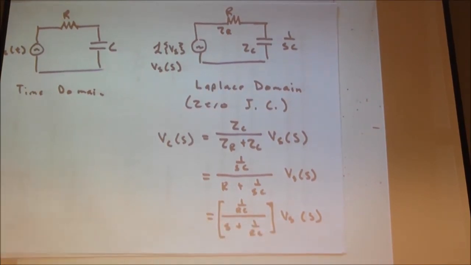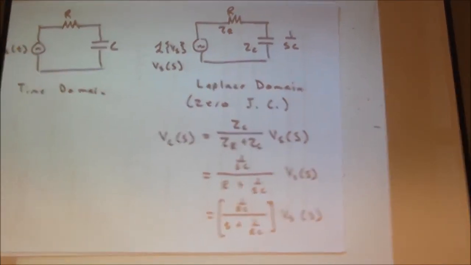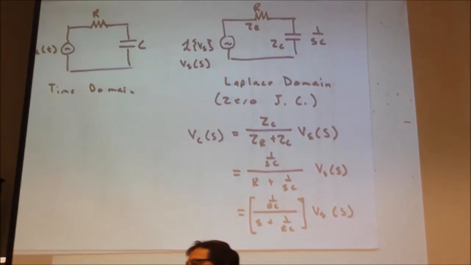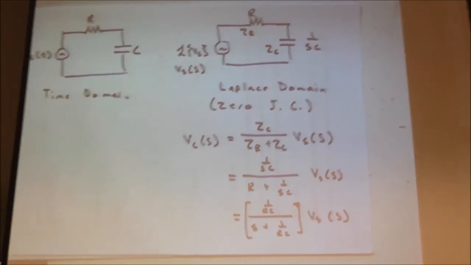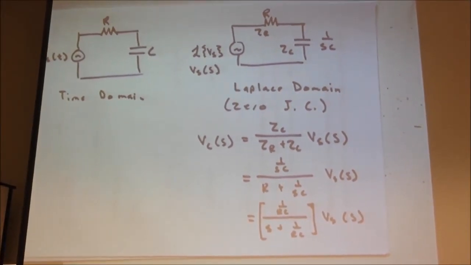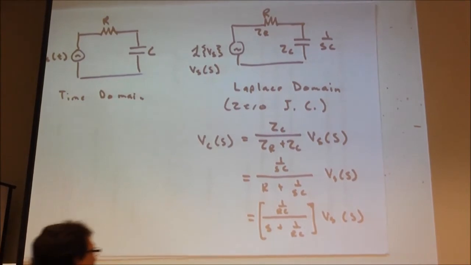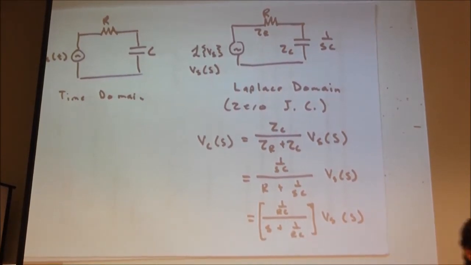And what does that look like? Well, that looks like what we just spent the first hour studying. What are the zeros in this expression? Kind of a trick question. There are no zeros. As I said, a trick question. What are the poles here?